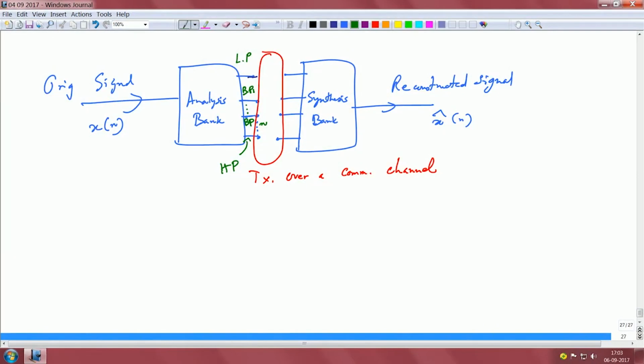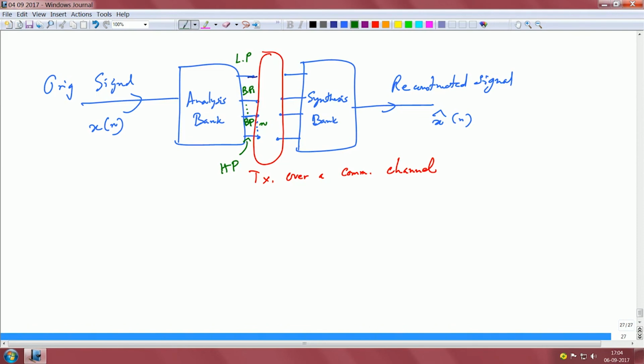How do I choose my analysis filters and synthesis filters to overcome errors due to aliasing, phase distortion, and possibly magnitude distortion in the frequency response, etc.? These are various questions one would get, but you have to appreciate that this is practical, because when one thinks about sending these subband signals over a communication channel, we have to work within the limitations of the channel, and that is the real challenge here: how to design these filter banks.